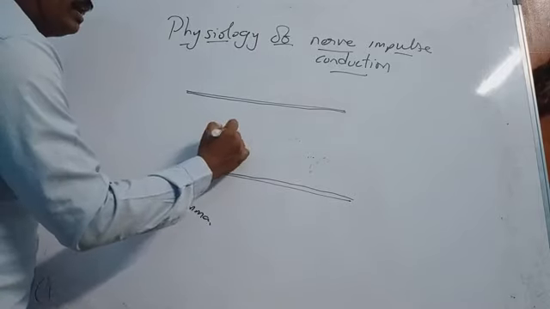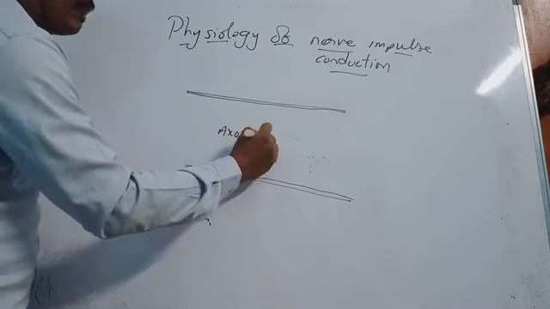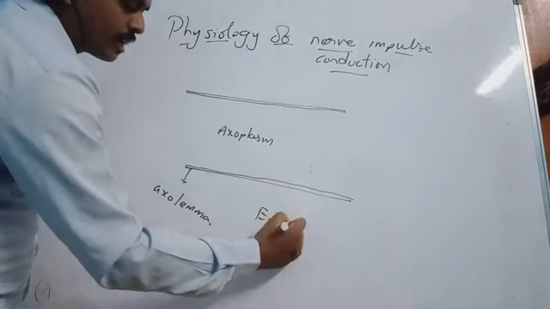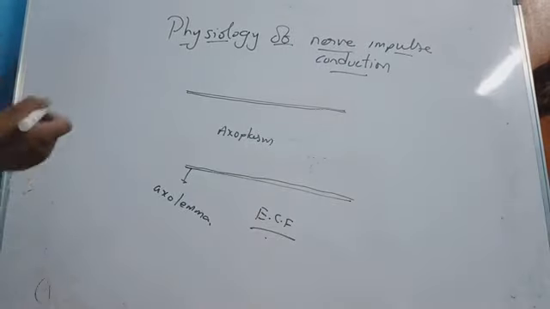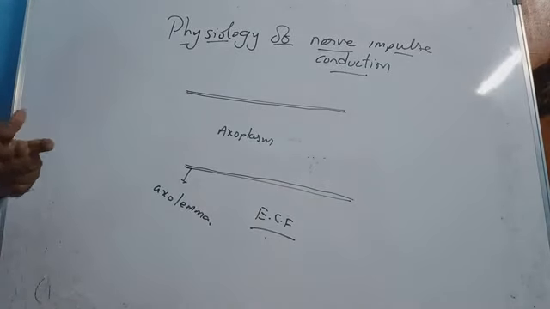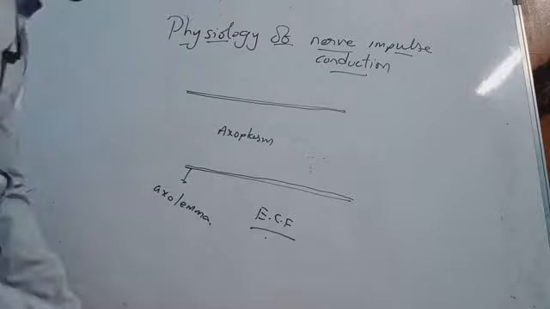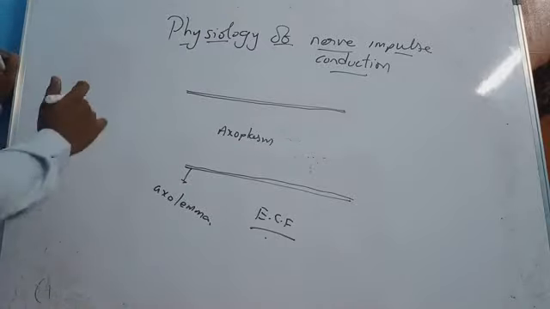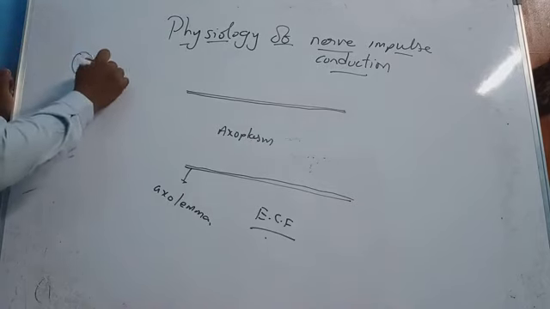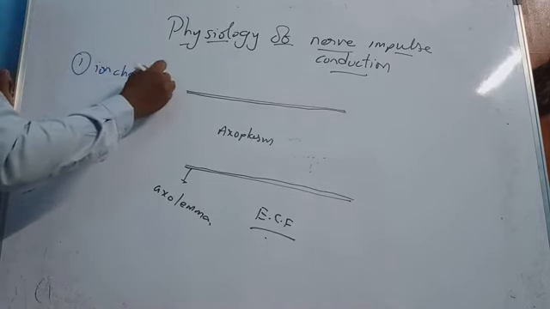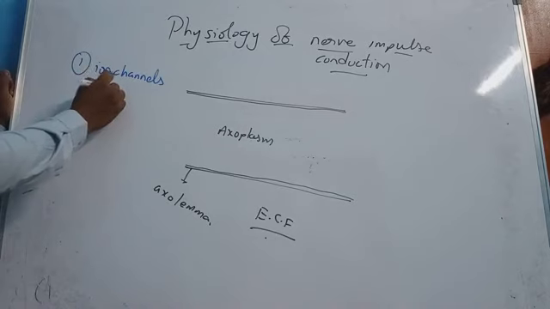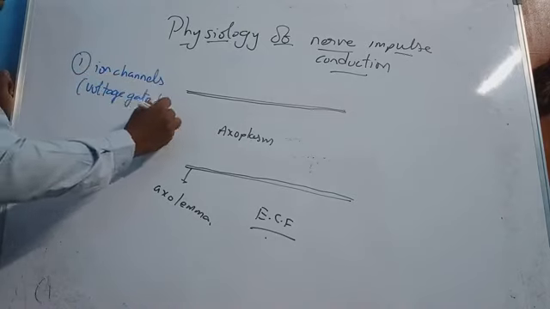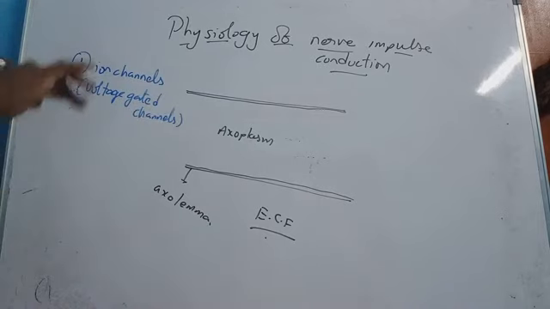The fluid inside the axon is called axoplasm, and the fluid outside the axon is called extracellular fluid, or ECF. Now when you observe the membrane, we can see that this membrane has several ion channels. We can observe ion channels, which are also called voltage gated channels, because they depend on the concentration of ions or the voltages.